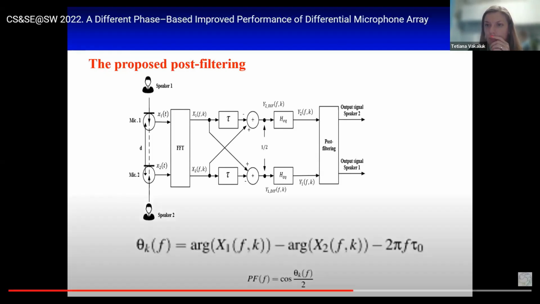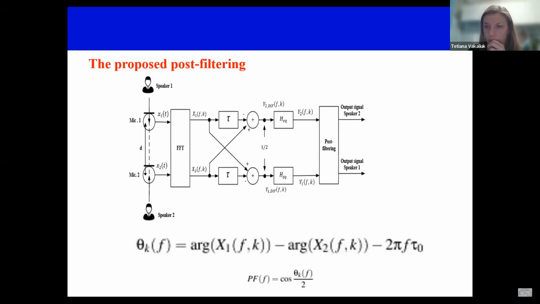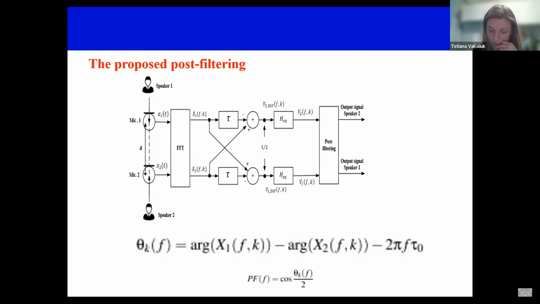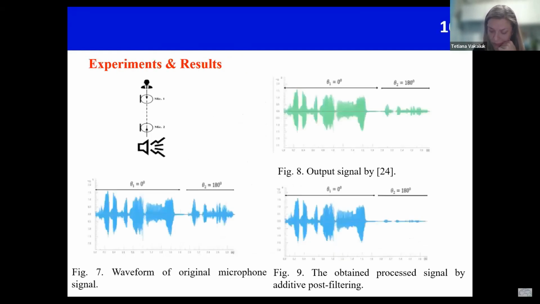In this paper, the author used the phase difference between two microphone array signals and proposes a function for suppressing the other speaker. In the experiment, we can see the desired speaker and the noise, the waveform of the original microphone signal, the output signal by the previous work, and the processed signal obtained by additive post-filtering.